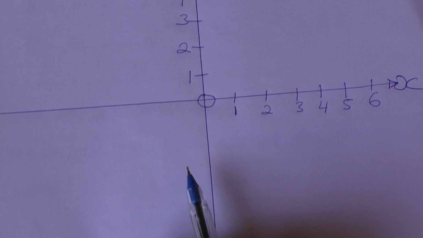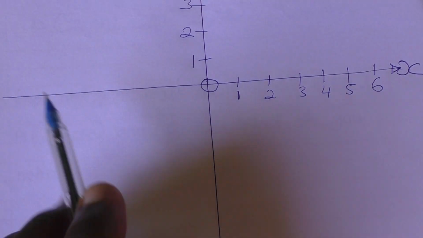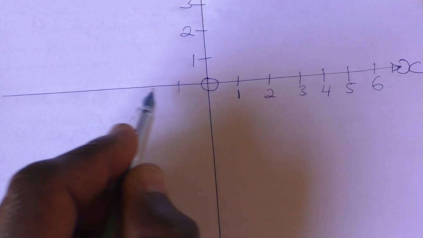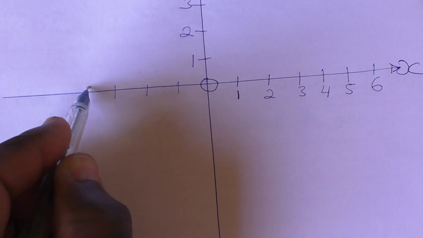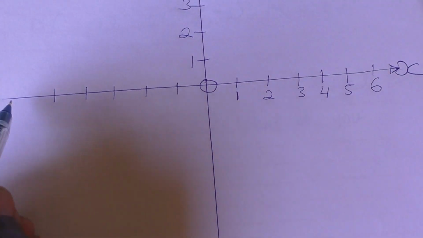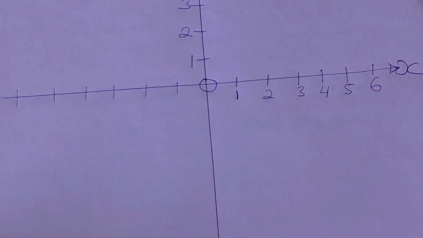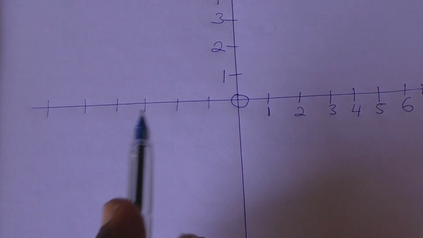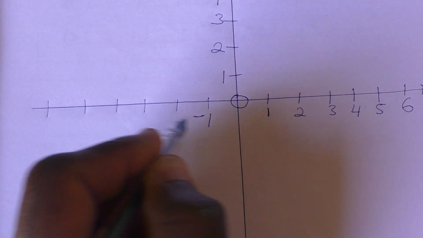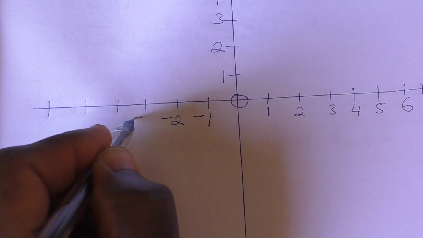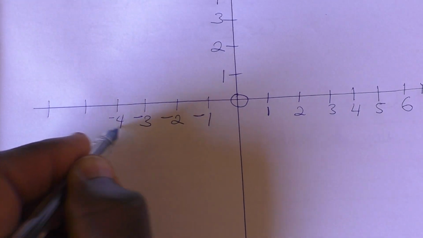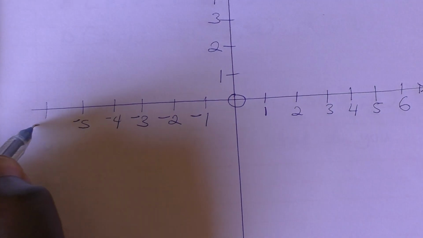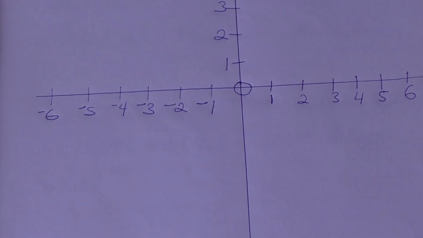And then on this side, the x-axis is negative on the left of the y-axis, that is -1, -2, -3, -4, -5, -6.